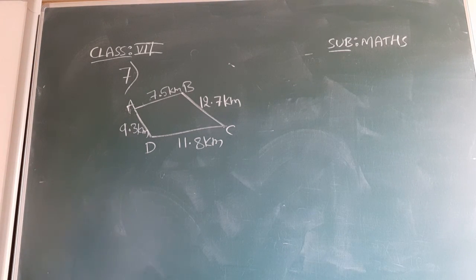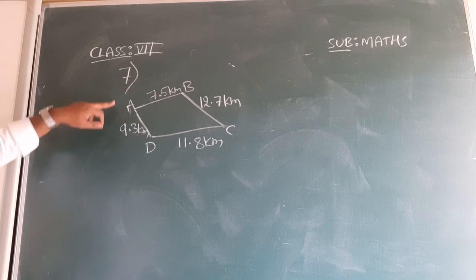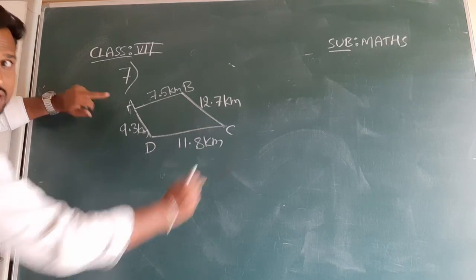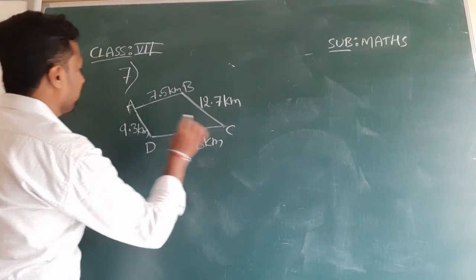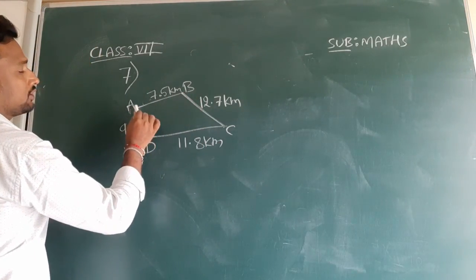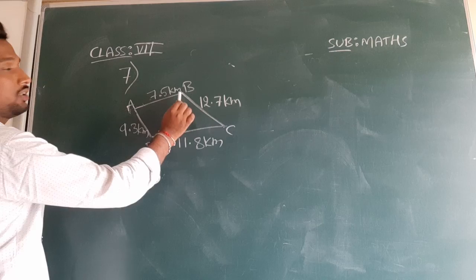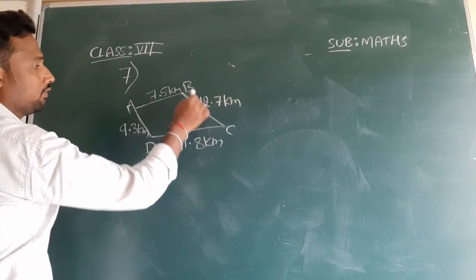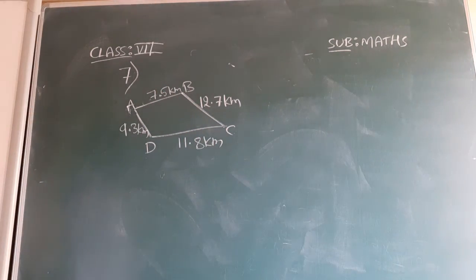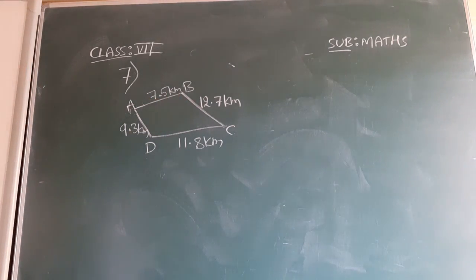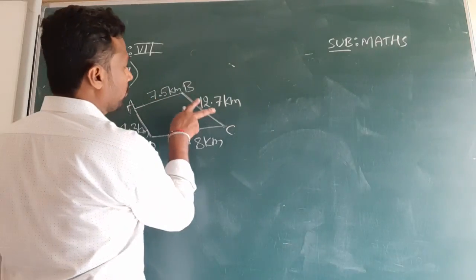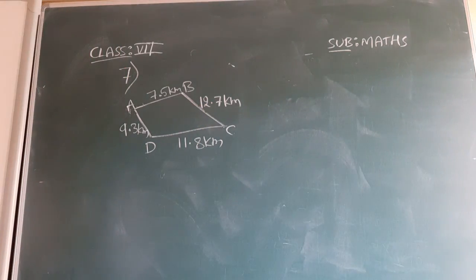So here two persons are there. One is Dinesh and one is Ayub. They are travelling from this point A to point C. Dinesh first went to B, and from that he went to C. They have given the distance between A and B, that is 7.5 km, and the distance between B and C, that is 12.7 km.